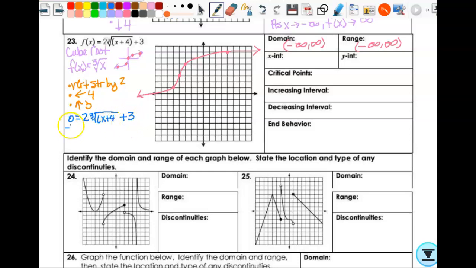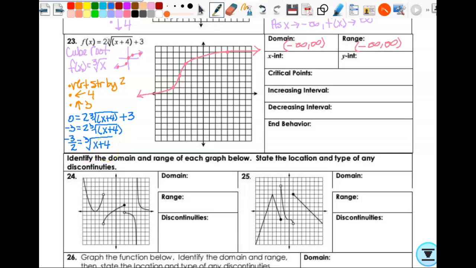So I'm going to subtract 3, and I get negative 3 equals 2 times the cube root of x plus 4. Then I divide both sides by 2, so I get negative 3 halves equals the cube root of x plus 4. Notice I did not put 1.5 or 1 1/2.